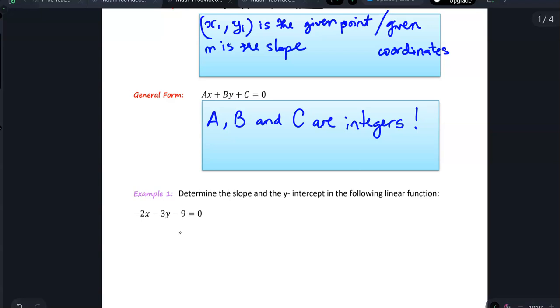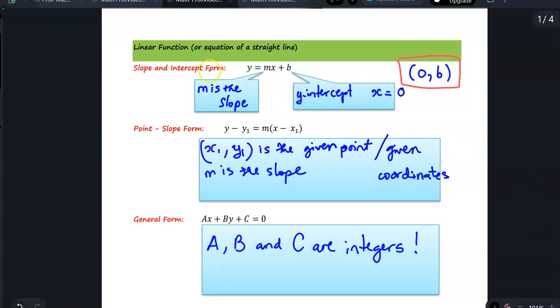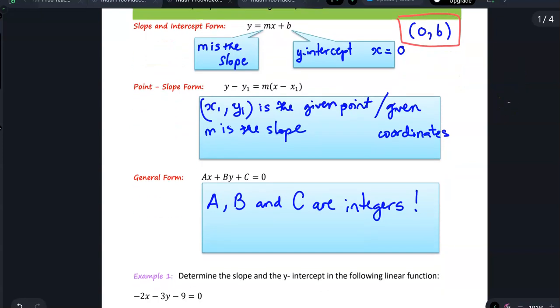So the one thing you need to do is you need to transform this general form into a slope and intercept form. So here, right here, slope and intercept form, y equal to mx plus b. Okay, it's given to you as general form.